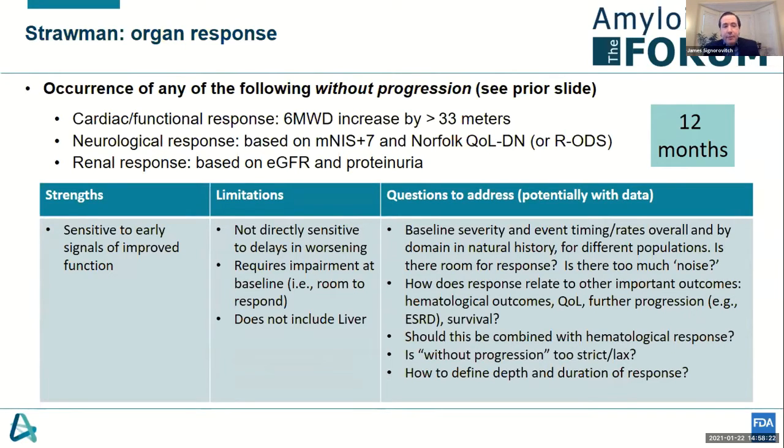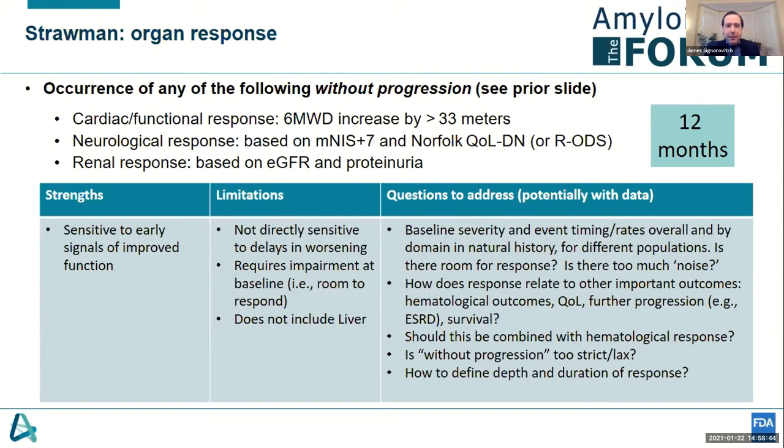The advantage of a response outcome is it would be sensitive to improvements, especially in the near term. But of course, it's not looking at delays in worsening. We'd probably still want to look at things like duration of response, but it wouldn't look at avoidance of progression directly.